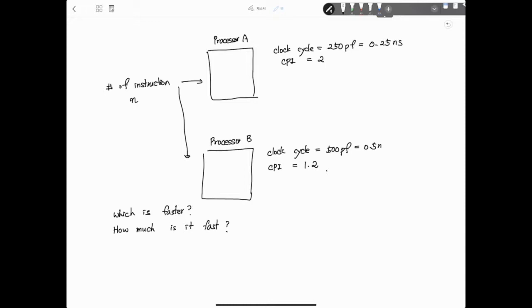Then what about the CPU time of A? If the number of instructions is n, then the CPU time is n multiplied by 2, multiplied by 250. This is the CPU time.